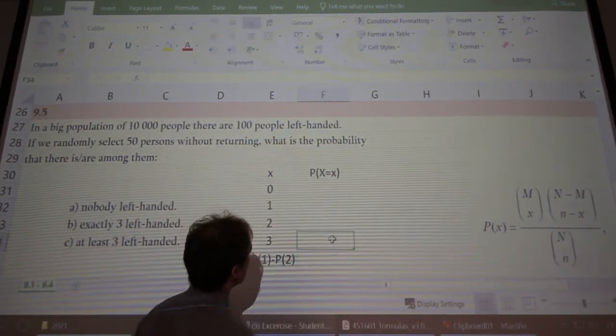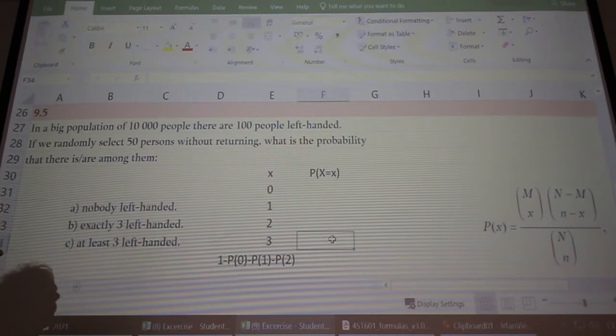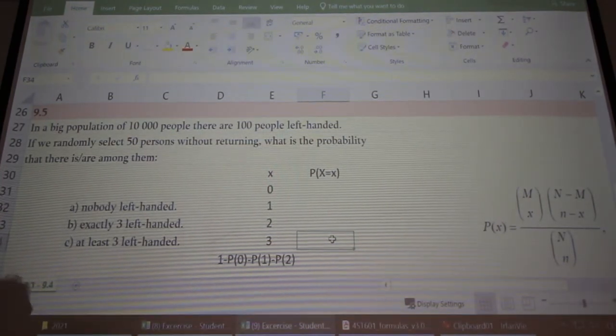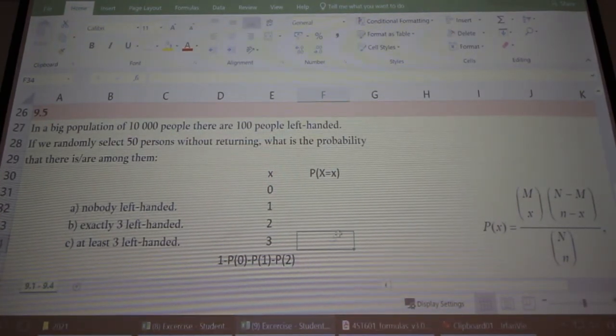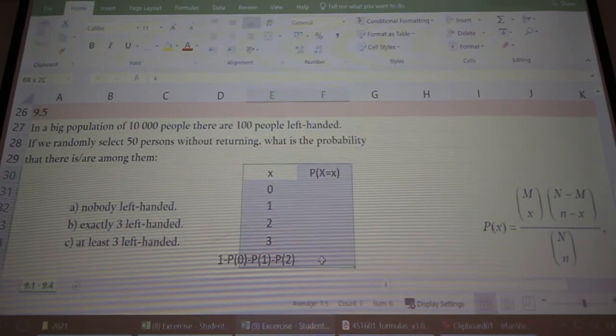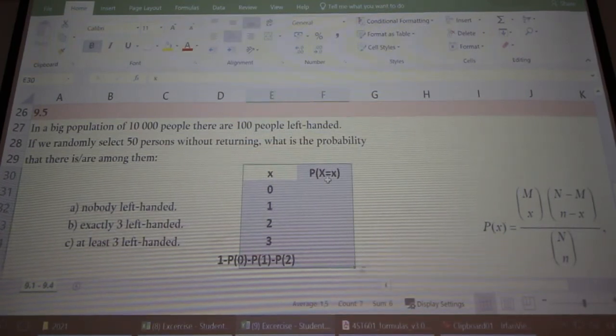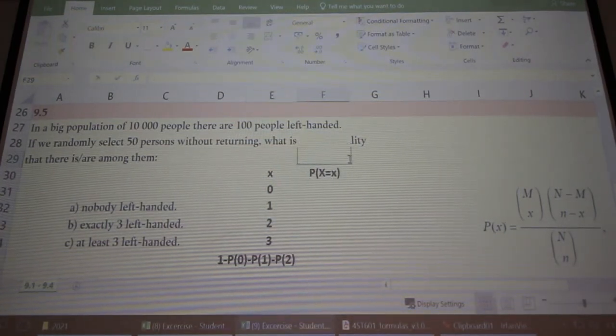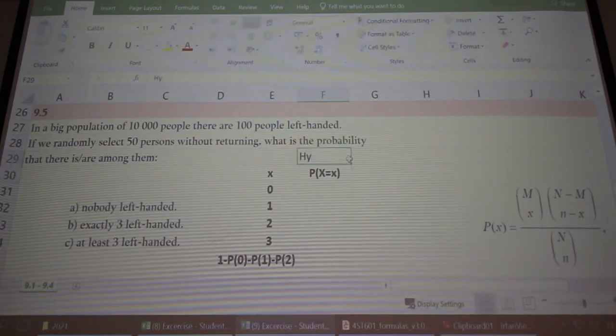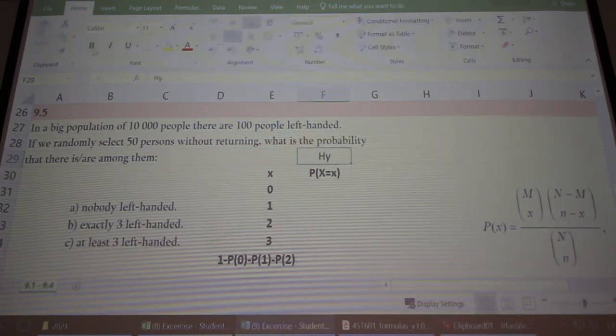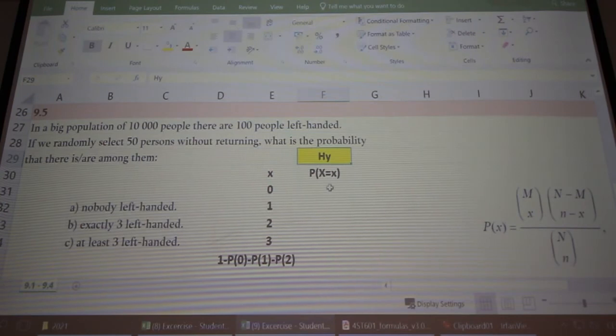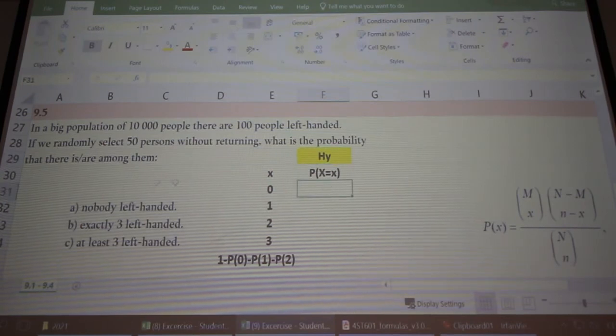Yes, and here we will calculate the probability that random variable x will be equal to x. We will start with the hypergeometric distribution. What do we need?